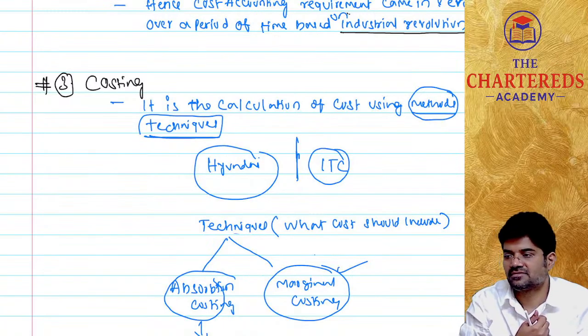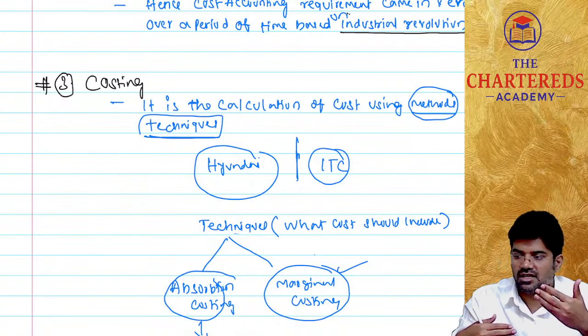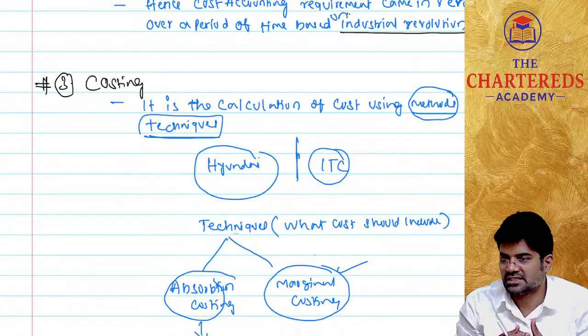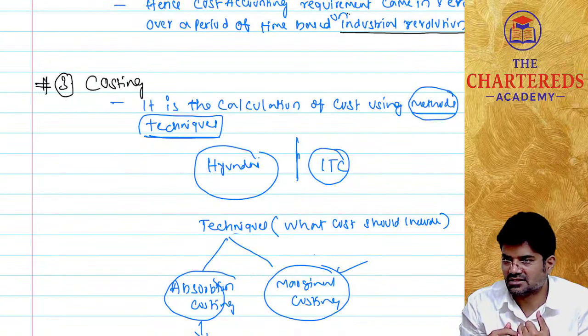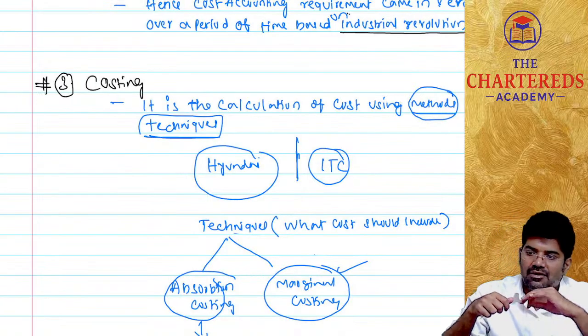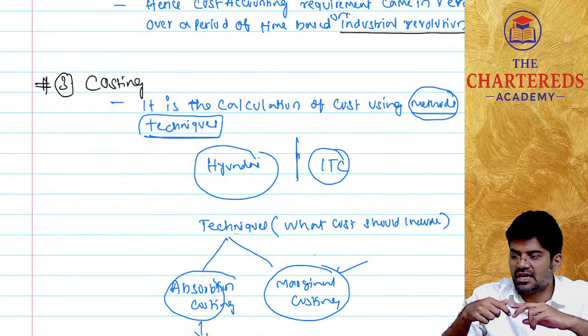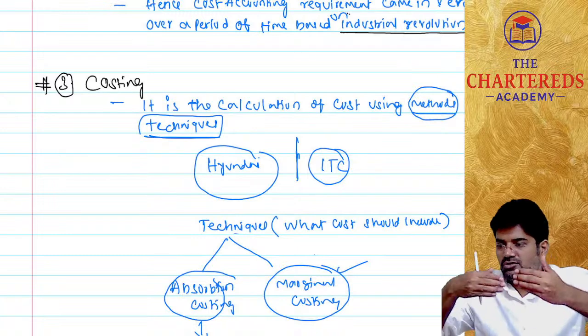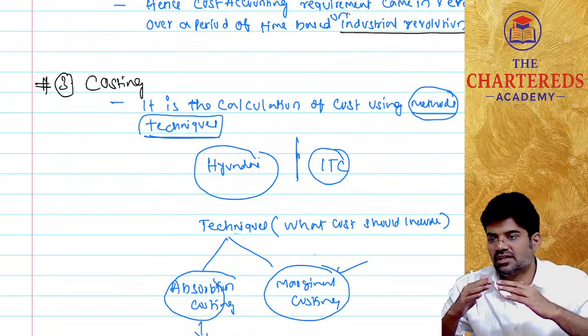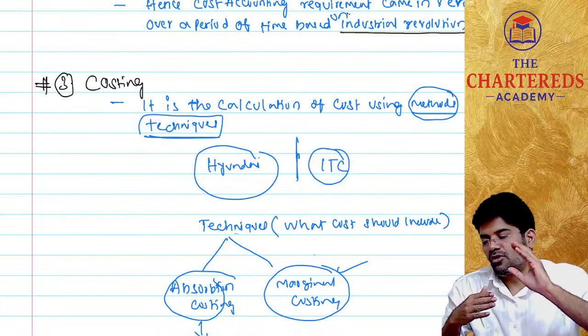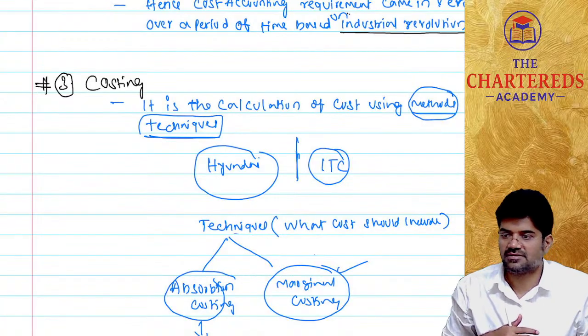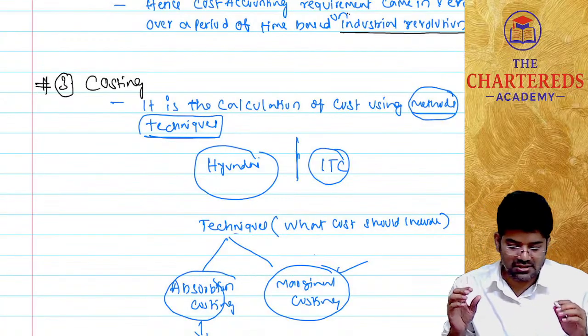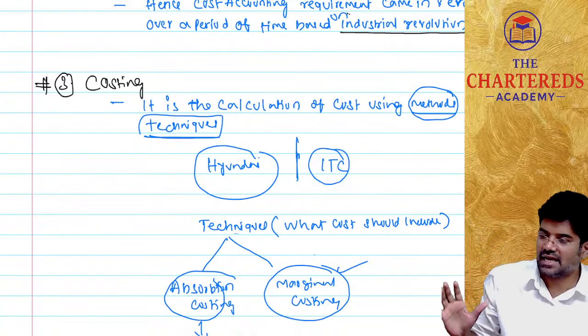So to calculate cost we use methods as well as techniques. For example, ఇప్పుడు నేను సర్వీస్ ప్రొవైడ్ చేస్తున్నాను అనుకోండి, if I am providing service, I will follow service costing. And అందులో కూడా మళ్ళీ నేను బోత్ వేరియబుల్ ఇంక్లూడ్ చేయాలి యాజ్ వెల్ యాజ్ ఫిక్స్డ్, according to absorption costing. If you adopt absorption, then you will include both. If you use marginal, then you will only include variable cost. So minimal knowledge you will get here.